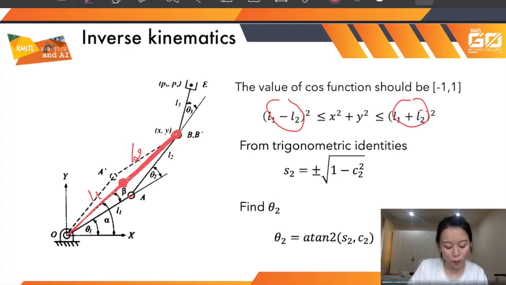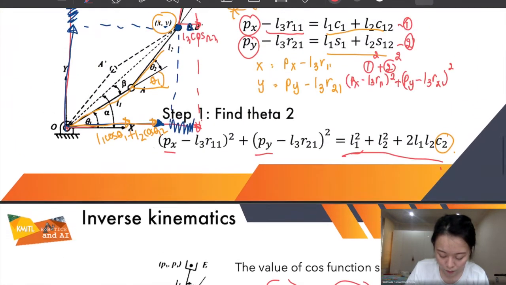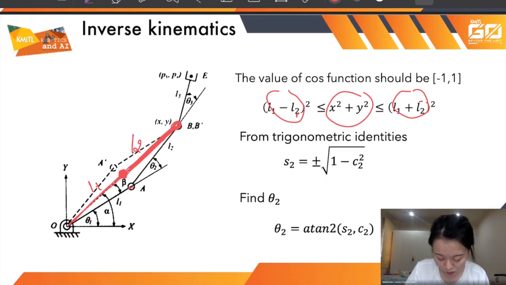So that is the maximum length, and the minimum is L1 minus L2. So if x and y of the equation are true, they have to be in this range.